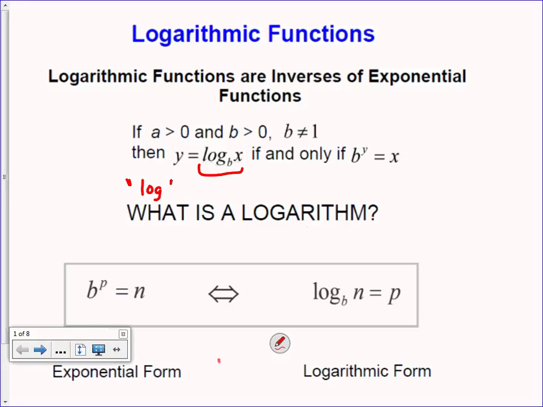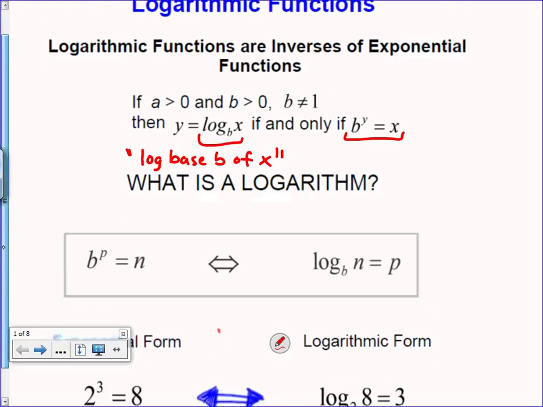Log base b of x is how you read the logarithm, if and only if b to the y power is equal to x. Okay, so this is exponential form, b to the y equals x, and it converts to log base b of x equals y.